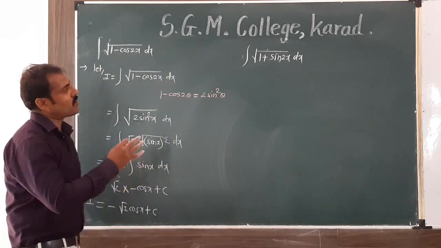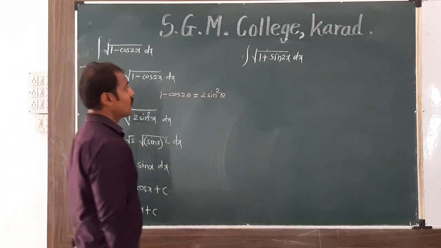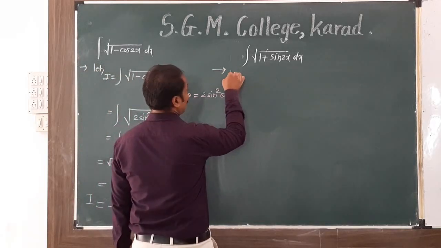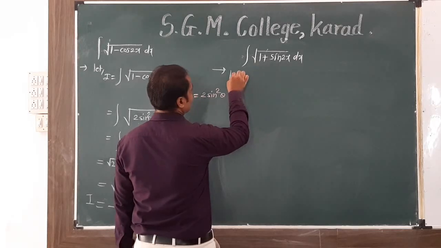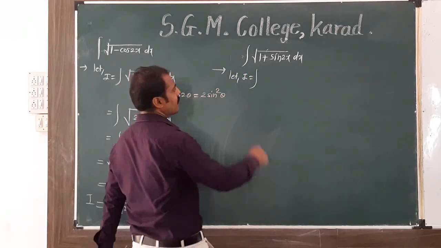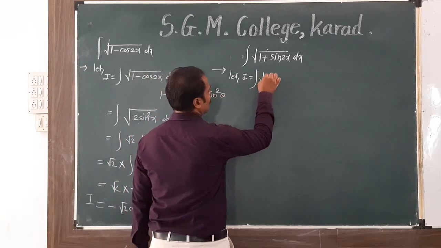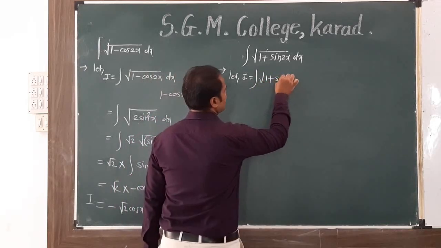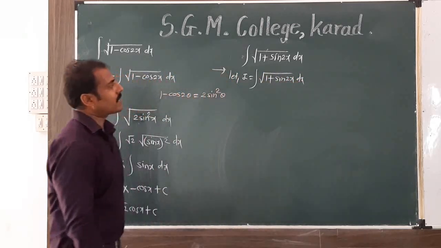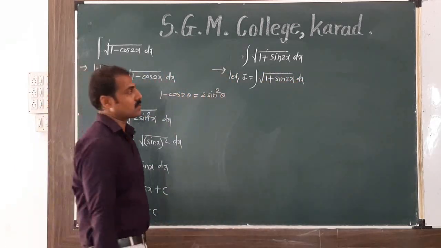There is no direct formula for 1 plus sin 2x, but we can construct one formula. First, it is an example of integration, so denote the example by I. Let I be equal to the integration of square root of 1 plus sin 2x dx. Okay, I can construct the formula for 1 plus sin 2x. Look at here.